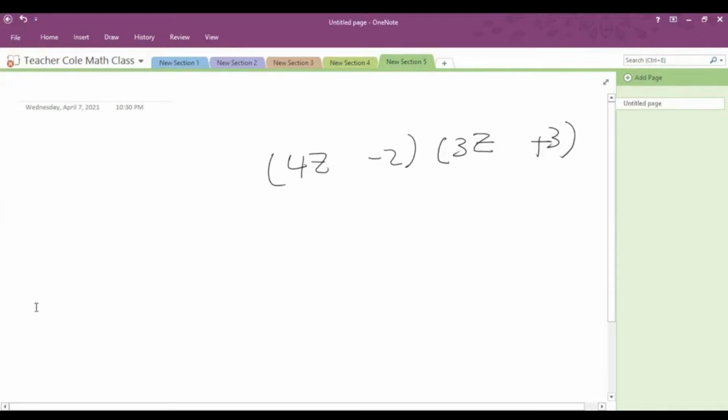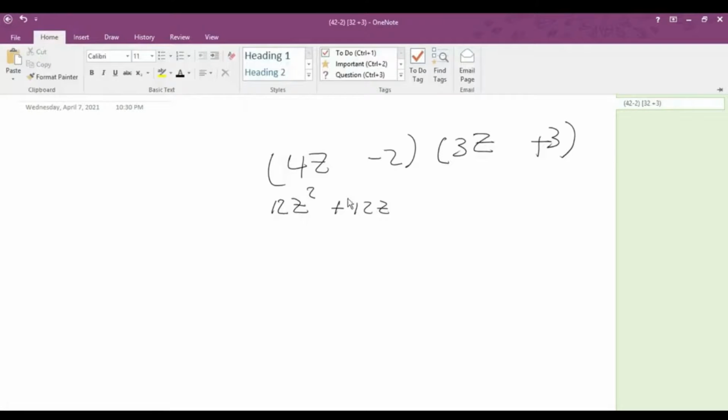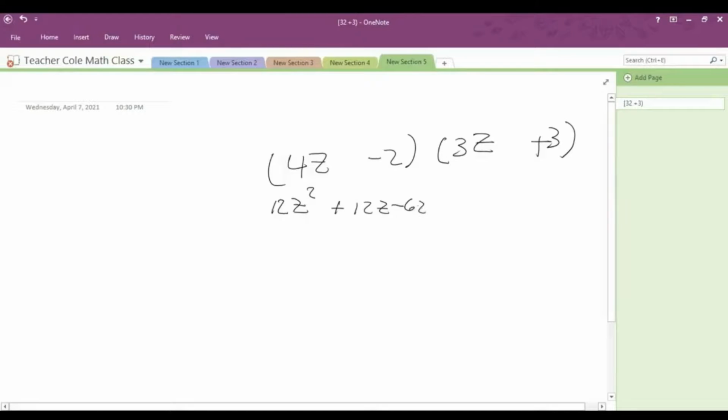Okay, and by now we should be familiarized with applying the distributive property, where we will have 4 times 3z to be 12z squared. And we have 4 times 3 gives us a 12z. So we have a minus 2 times a 3z gives us a minus 6z, and a minus 2 times a 3 gives us a minus 6.